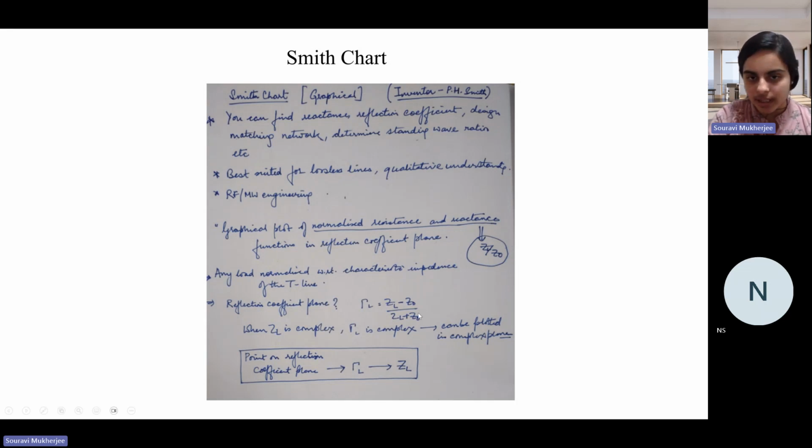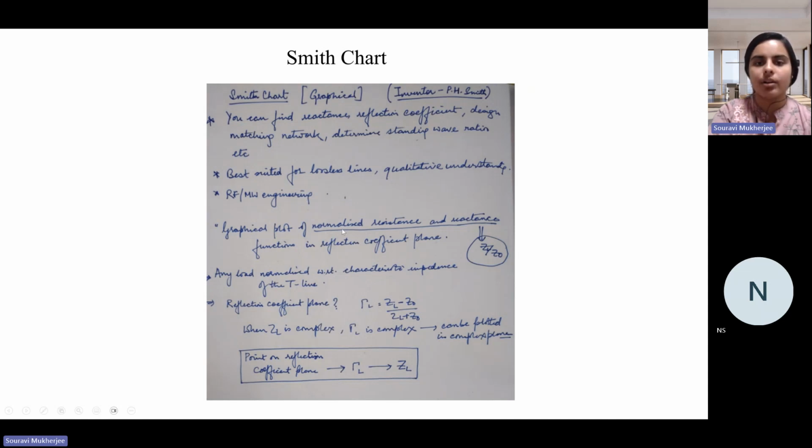And this is how it is related to the load impedance and the characteristic impedance of the transmission line. Here your ZL, the load, can be complex. That tells us that your reflection coefficient can also be complex. And if it is a complex number, you can represent it in a complex plane, right? And that is called the reflection coefficient plane.